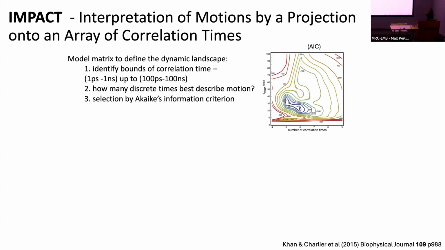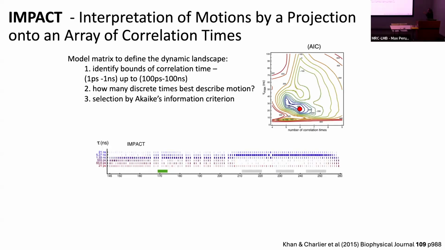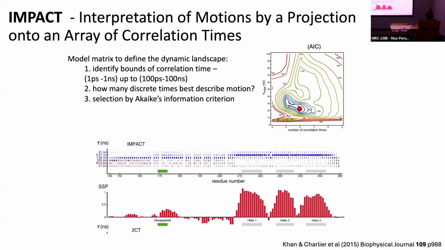You do this analysis with the Akaike information criterion, which says that for this particular example data set, the IDP is best described with 6 different correlation times, and the bounds of those correlation times are between 20 nanoseconds and 20 picoseconds. For this structured part, you've got predominantly 1 correlation time, but in this disordered N-terminus, you've got contributions from multiple correlation times.